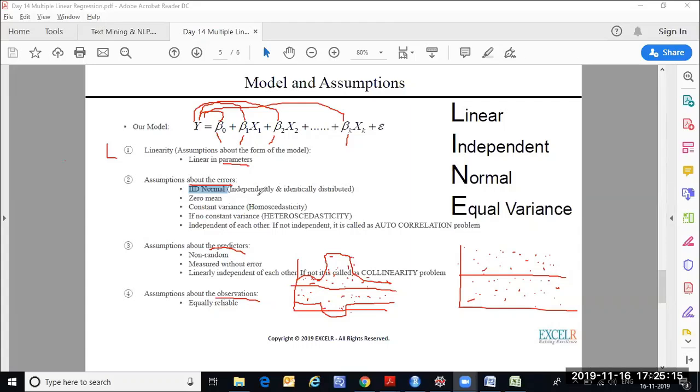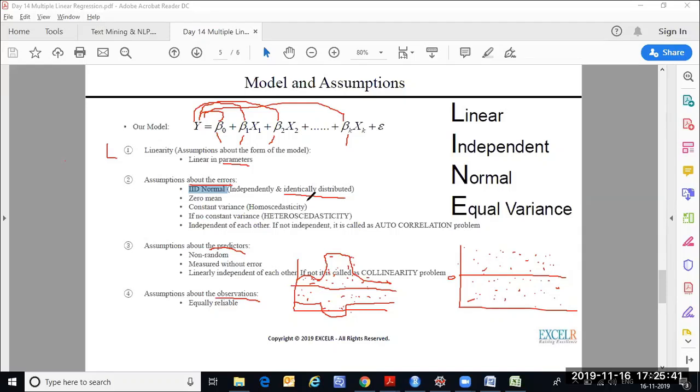And the second part of it, independent and identically distributed. What do you mean by identically distributed? The number of data points above this mean zero line should be the same as the number of data points on the other side of the line.